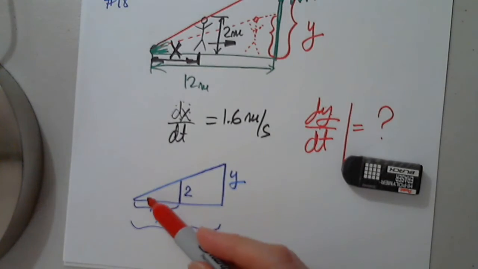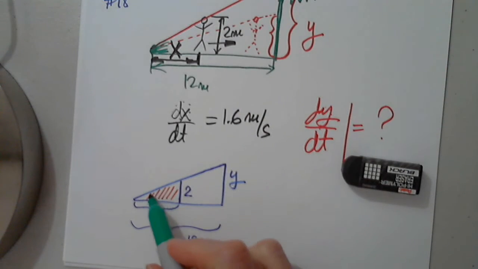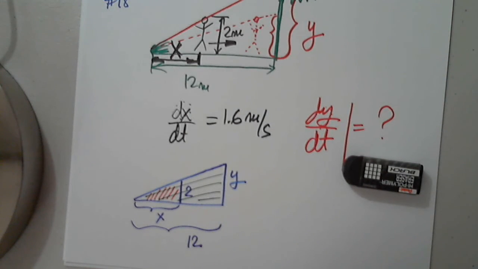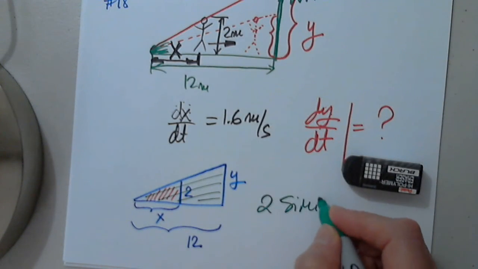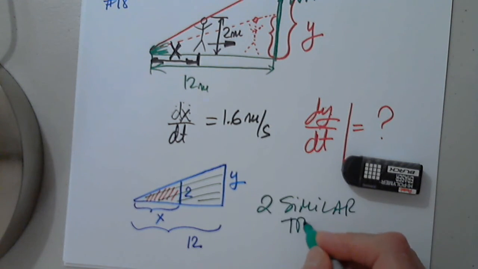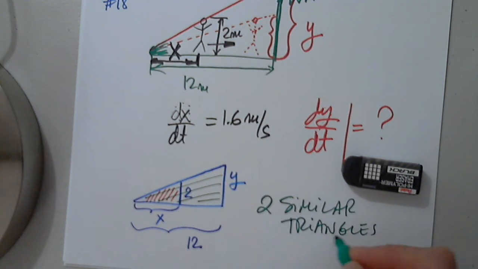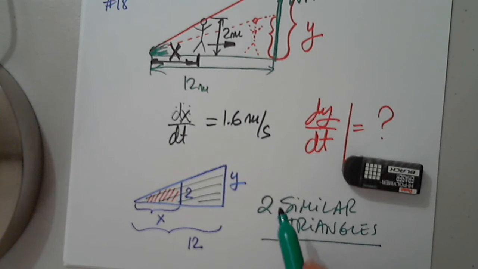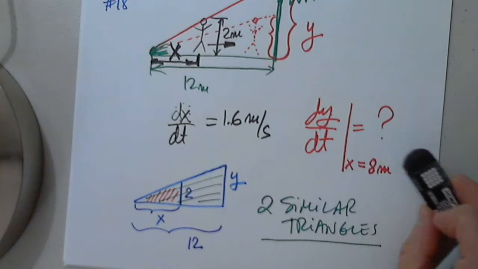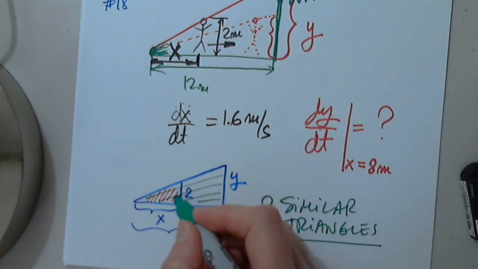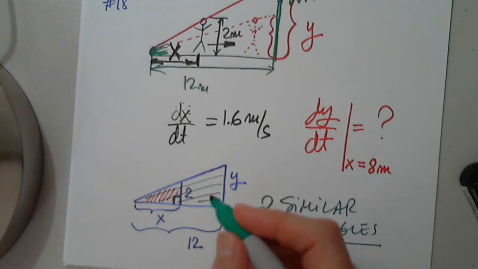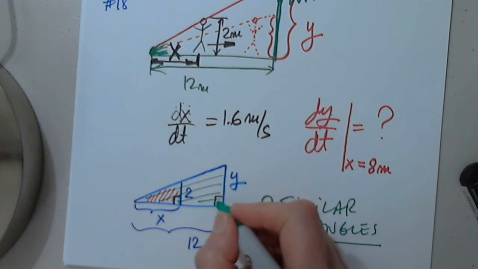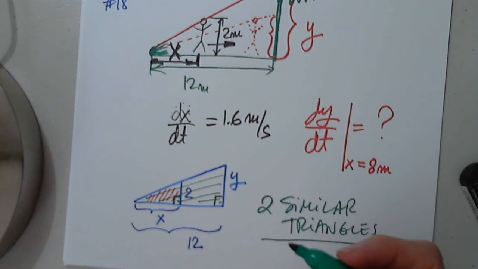And there is something that we can do here. The tiny triangle, the small triangle, is a ratio of the entire triangle. Yes. Two similar triangles. Similar triangles, I have to show and explain why. They have to have basically two congruent or equal angles. These are equal because they are 90-degree angles.